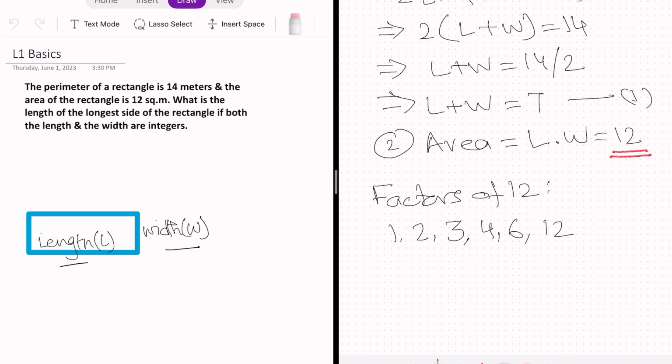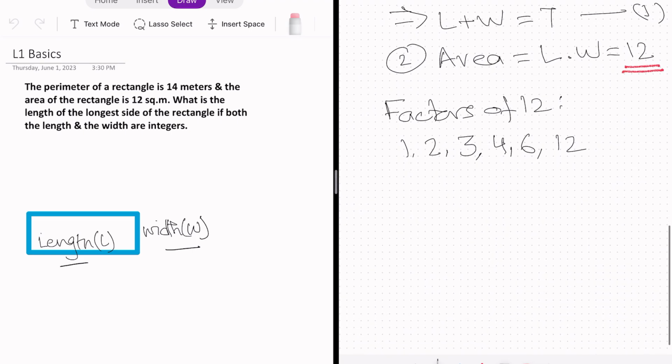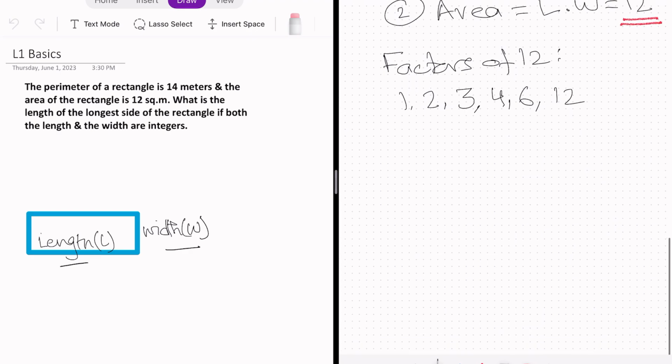Now, to find the best combination of length and width, we have to use these factors. We have to find out which combination of the factors work, and that's where the charts come in. So let's create a chart.